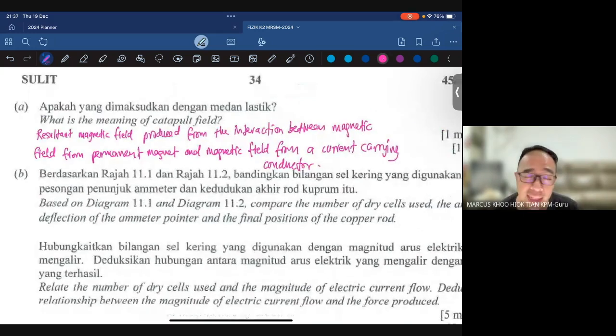Okay, another slightly difficult definition lah. It's so panjang. Anyway.